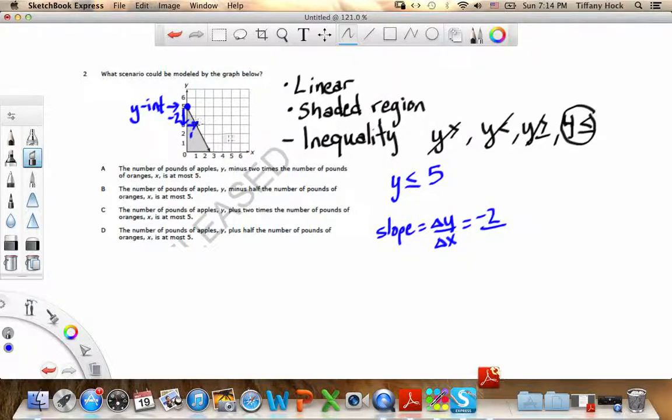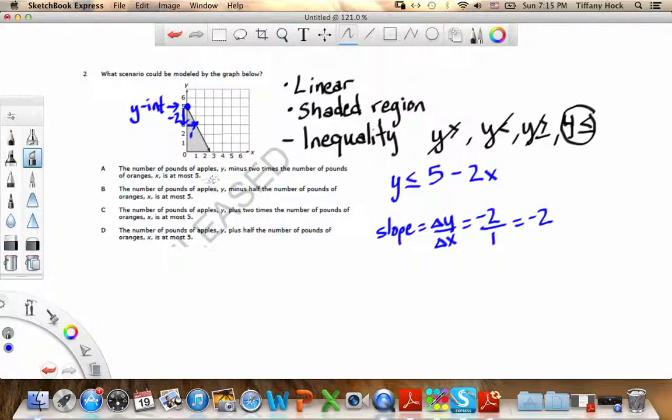Over, I went from 0 to 1, which is positive 1. So negative 2 over 1 is just negative 2. So that means my equation becomes y is less than or equal to 5 minus 2x. Remember, the slope goes with the x. Okay? So basically I'm looking for some situation that starts at 5, and it's decreasing by 2 times whatever x represents.